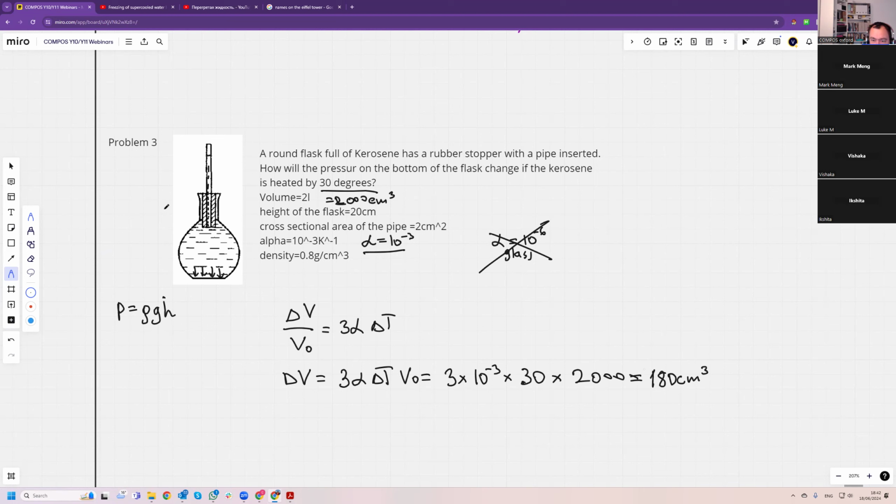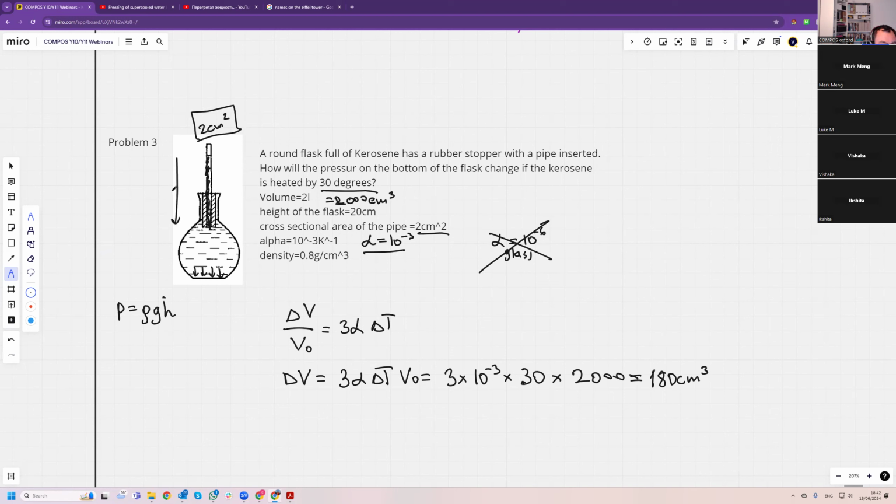So massive increase. Okay, anyways, the cross-sectional area of the pipe is 2 square centimeters. And therefore, the change in height, the extra volume. So we know the volume is 180 and the cross-sectional area is 2.